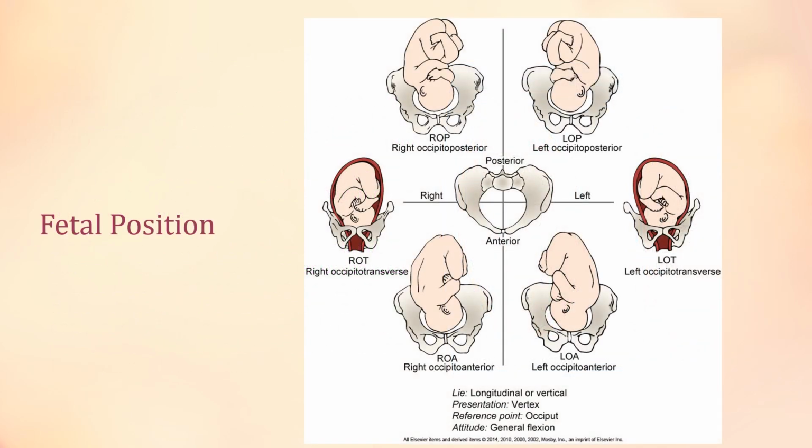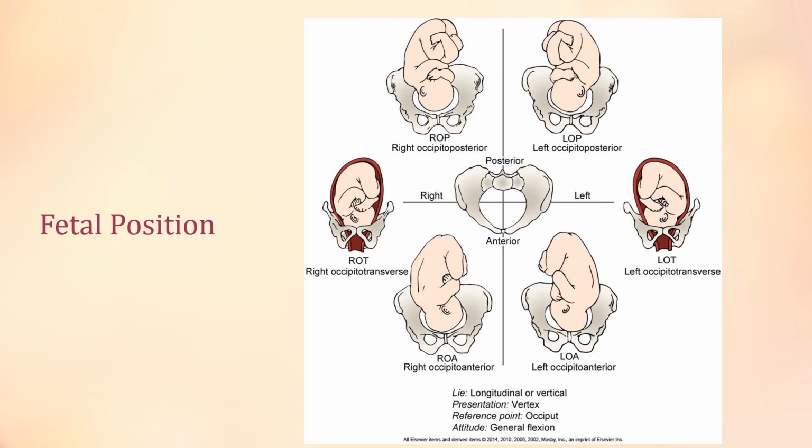All right, and then we go into the fetal position. Position refers to basically the rotation in the uterus. For this one, we refer to the mother's right side, left side, posterior, and anterior. The ones at the very bottom of this diagram, ROA and LOA, right occiput anterior and left occiput anterior, are the most favorable for delivery.